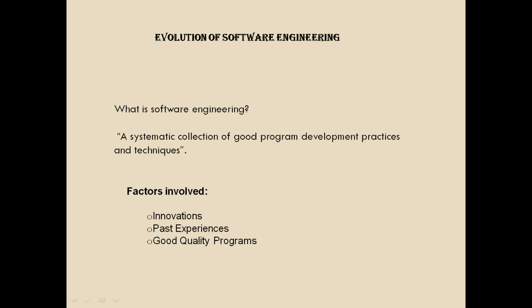So these are all the factors involved in the software engineering field. As we said, software engineering is a systematic collection of good program development practices and techniques. The factors involved in the software engineering process are innovations, past experiences, good quality programs, and also cost effectiveness.